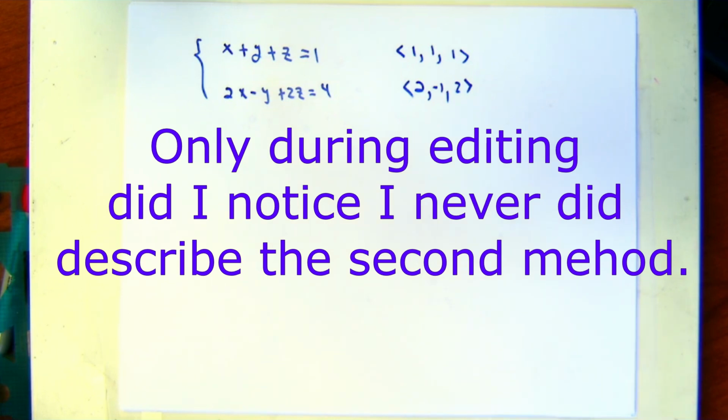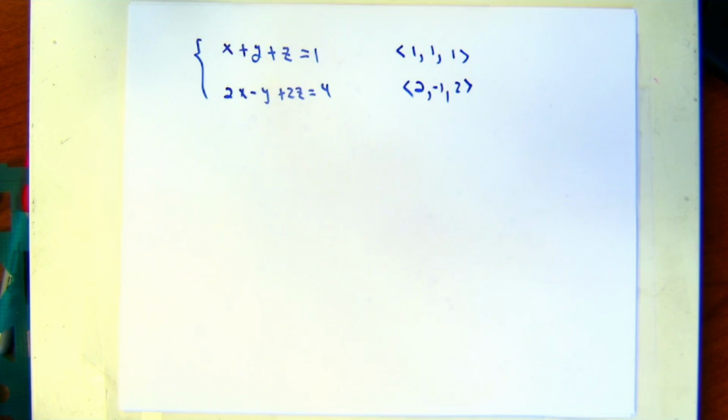There has to be a point on the straight line where either z is 0, or maybe there isn't. There'll be one where x is 0, and if there isn't one of those, there'll be one where y is 0. So I'm going to try to find some points that lie on both planes by setting one of the coordinates equal to 0.